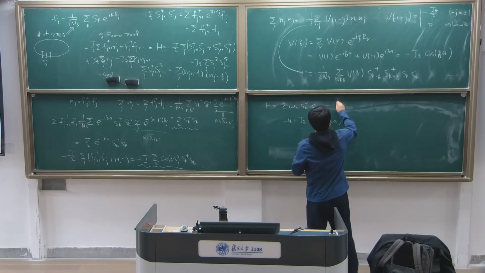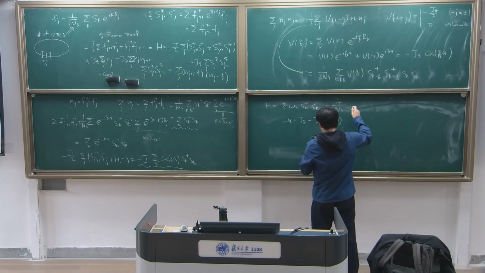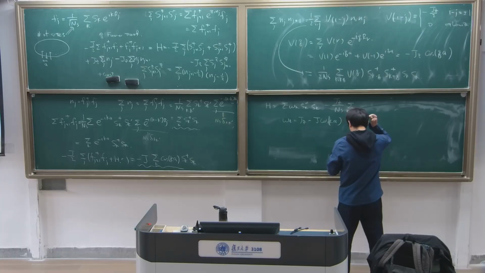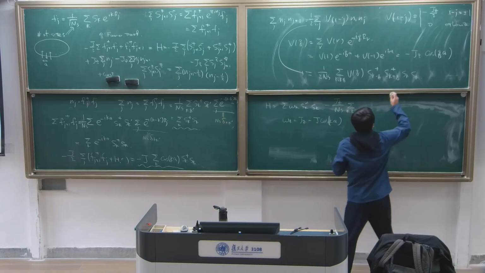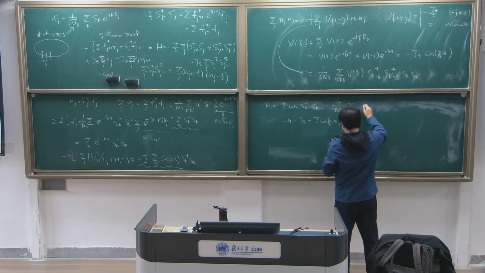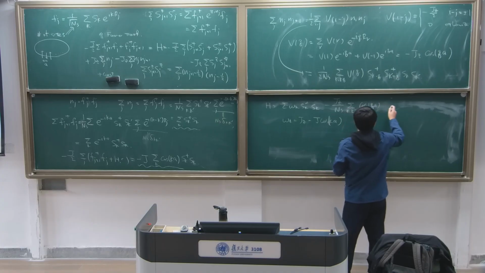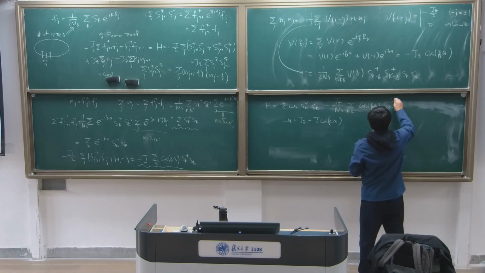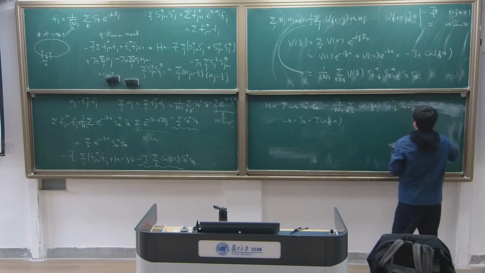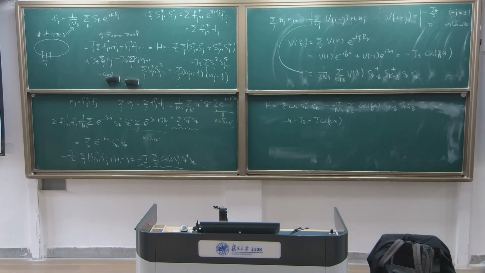And then there's an interaction term, with k, k prime and q. So that's the conclusion after the Fourier transformation.